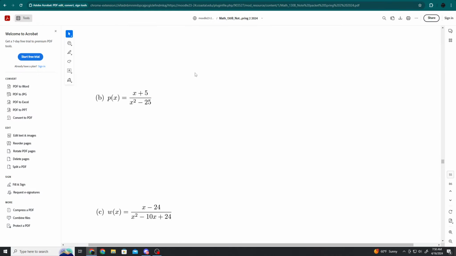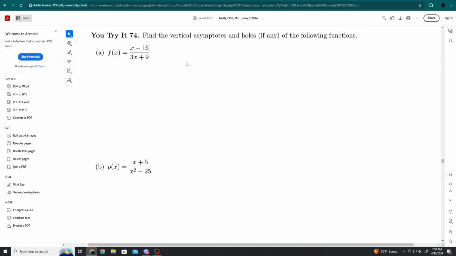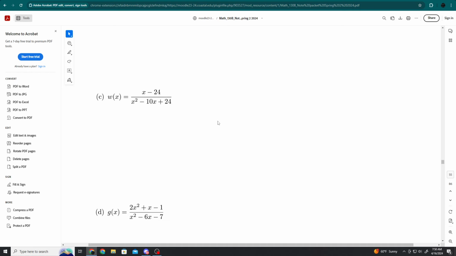Now, with these 3 examples, you should have enough information to tackle part A. Part A is not too bad. Parts of it are factorable, parts of it are not. So you're going to see if anything cancels, and then you can write down your holes and vertical asymptotes. C, same thing. Some parts might be factorable, some parts might not.